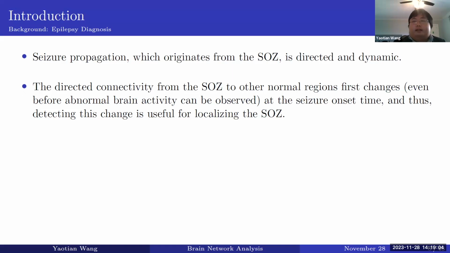So detecting this change should be useful for localizing the seizure onset zone. We also conducted a literature review and found existing studies also suggested that functional connectivity and directed connectivity are useful in seizure onset zone localization.